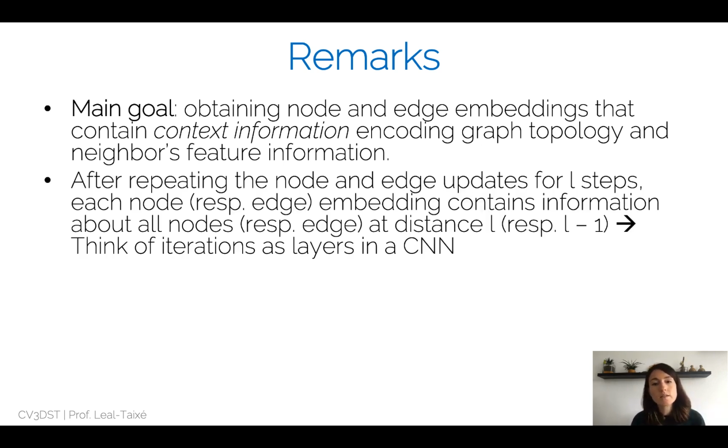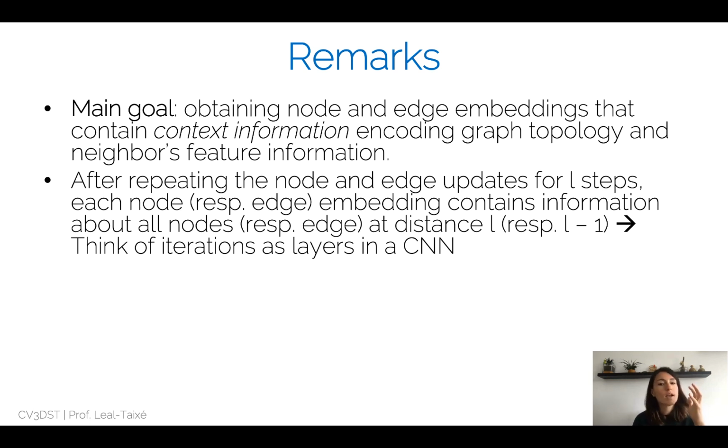So after doing the node and edge updates, for example, for L steps, and this is something that you have to define, how many message passing steps do you want to perform? After all of these steps, each of the nodes and also each of the edges is going to have an embedding which contains information about all the other nodes which are at distance L. And this is important, right?